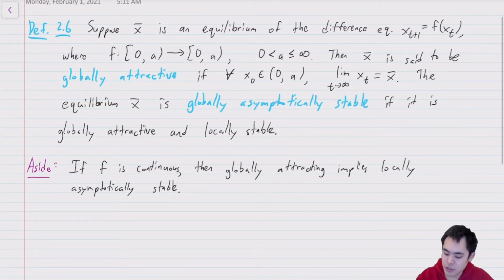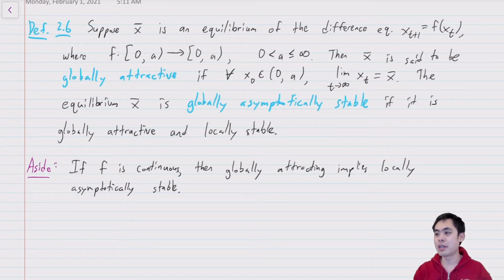So if our function f there is continuous, then we don't have to worry about these several different definitions because the moment it's globally attractive, then it is also locally asymptotically stable and therefore also globally asymptotically stable.